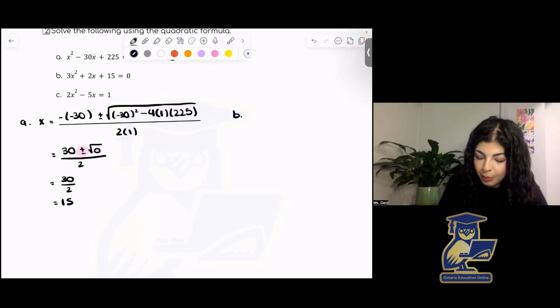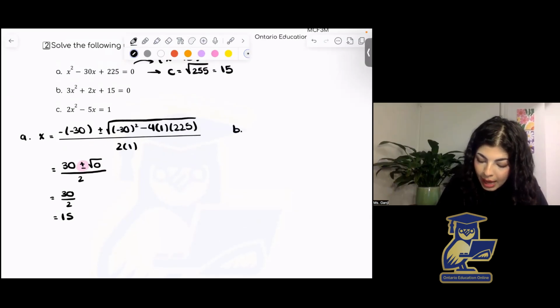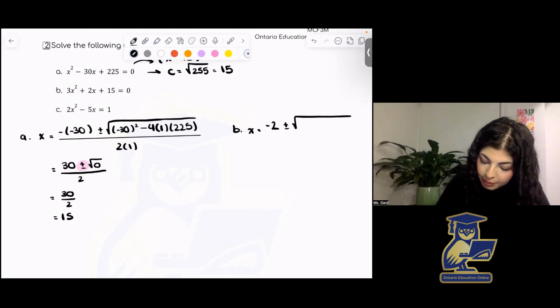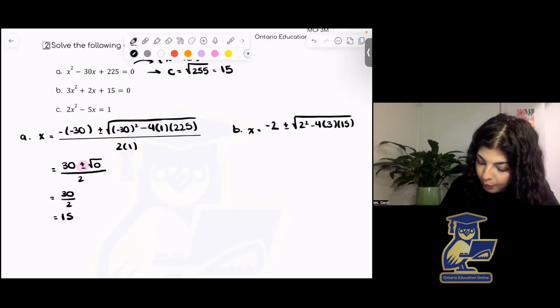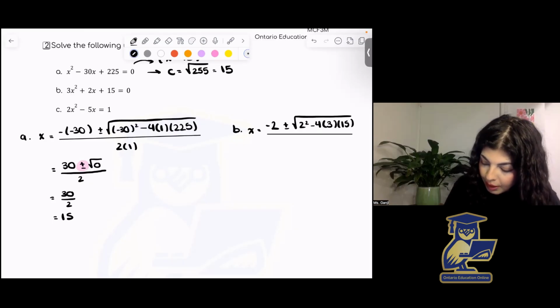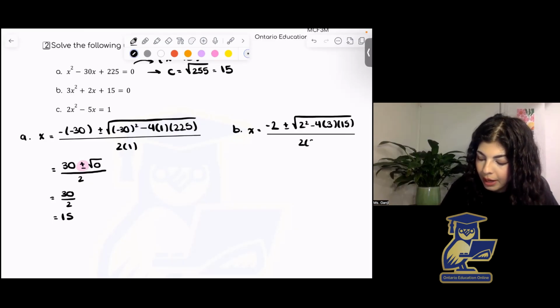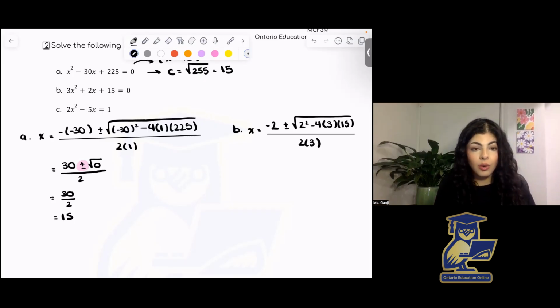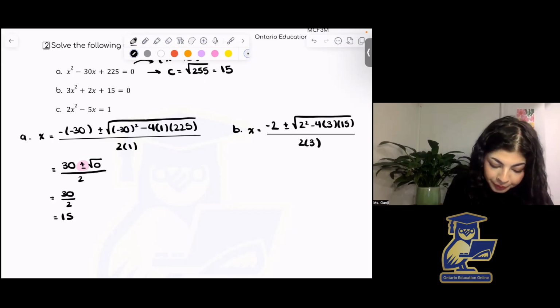So now let's look at example B, where we have x is equal to negative b plus or minus the square root of b squared minus 4ac over 2a. And now we have our first example where a is not 1, so we have a different denominator.